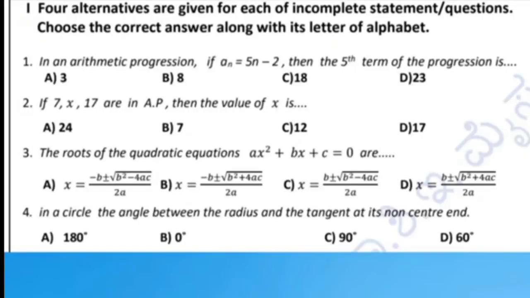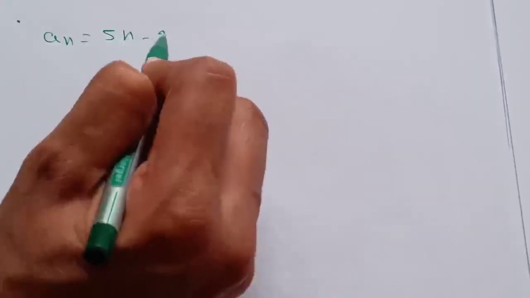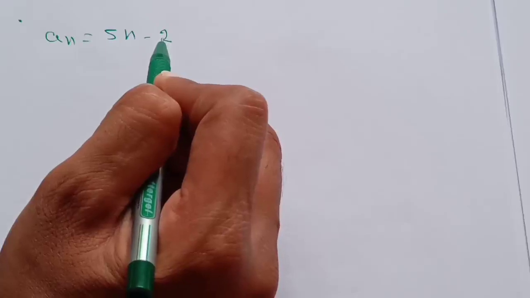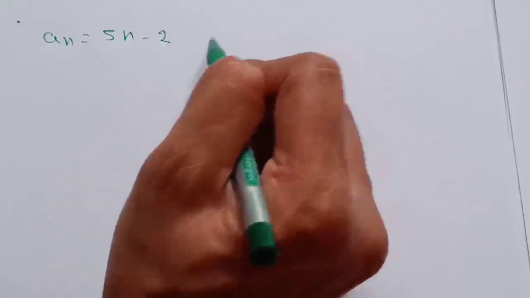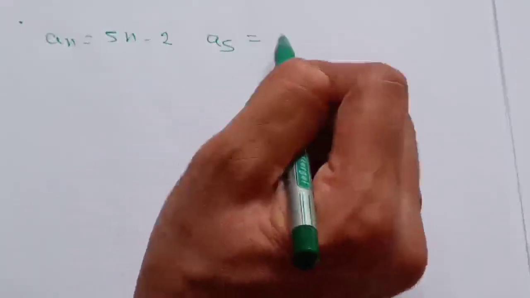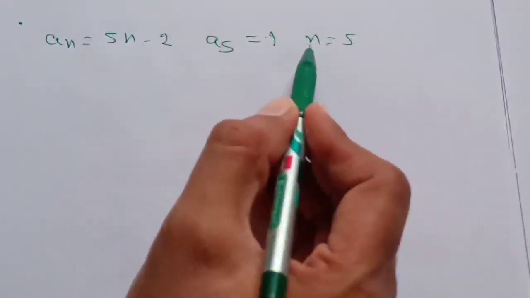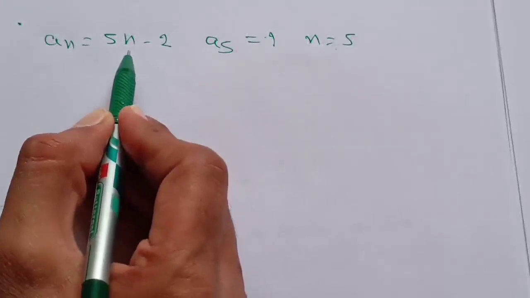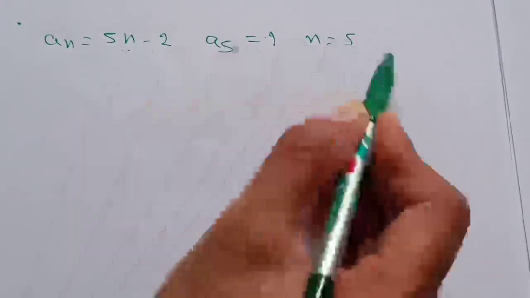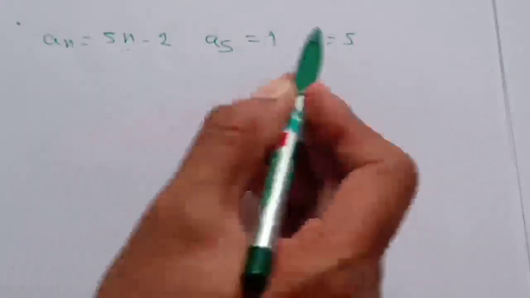So the next question is, in an arithmetic progression, if an equals 5n minus 2, then the fifth term of the progression is. You need to find the fifth term, so the n value will be 5. It's simple, apply the n value in this equation. In the place of n, apply 5.